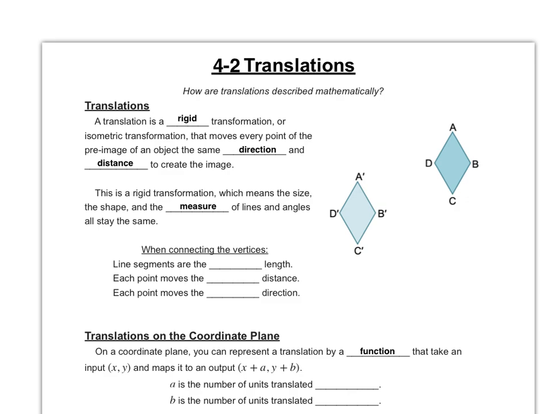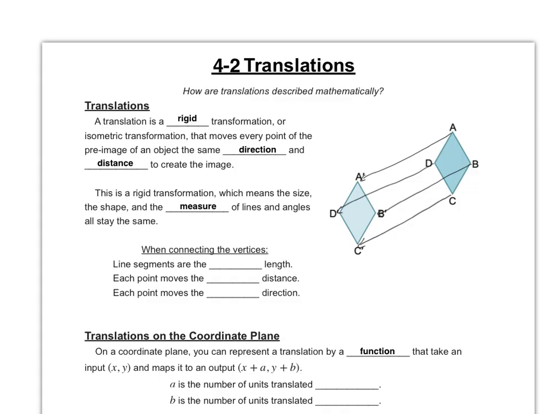We sort of looked at this in an earlier lesson, as we say that A maps to A prime. Everything maps the same distance, same direction, and it's almost as if you connect your corresponding points, you end up with what would appear to be a three-dimensional figure, possibly a prism.